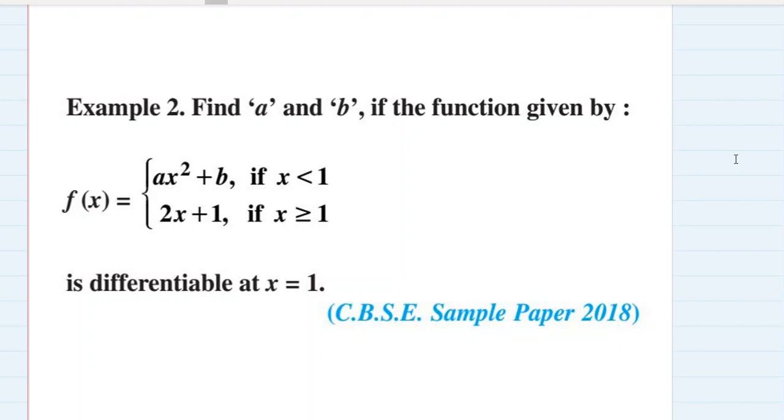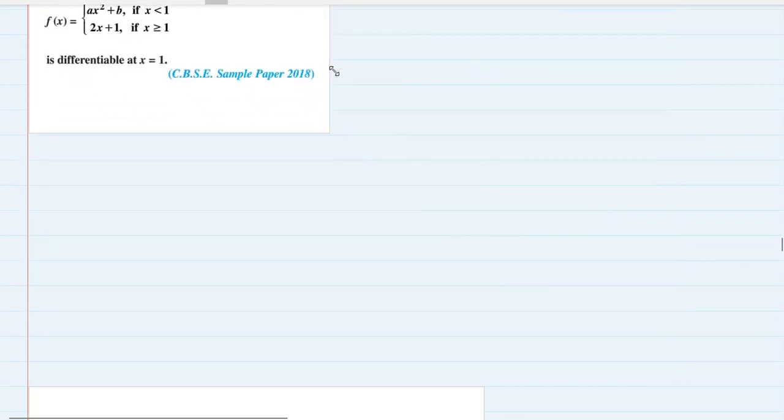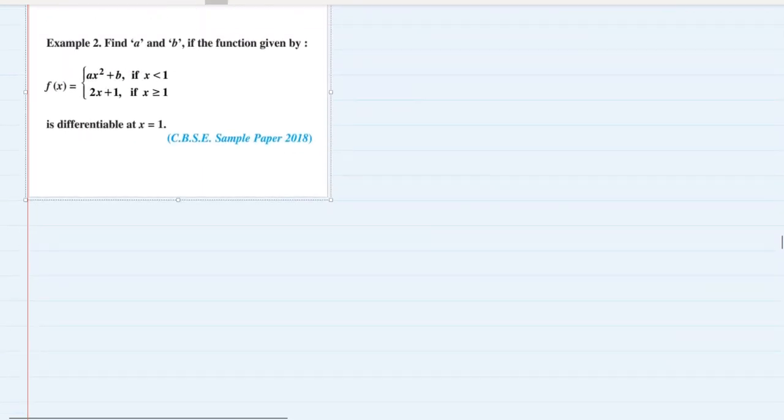Now they have already given that the function is differentiable or derivable at x is equal to 1, and we have to find the values of a and b. Now, one thing we know for sure, that if a given function is differentiable at a given point, then it has to be continuous at that given point. That is the first thing, right?